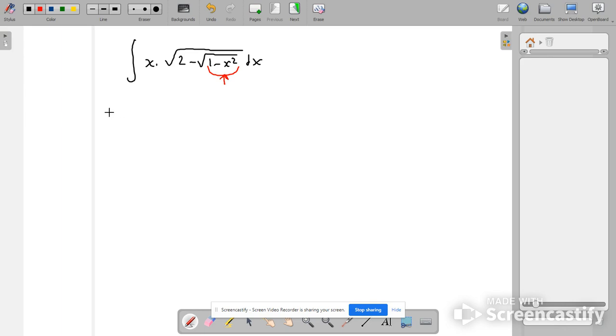So let's divide the whiteboard into two sections. Okay, if we take u as 1 minus x squared, then du would be minus 2x dx, right?